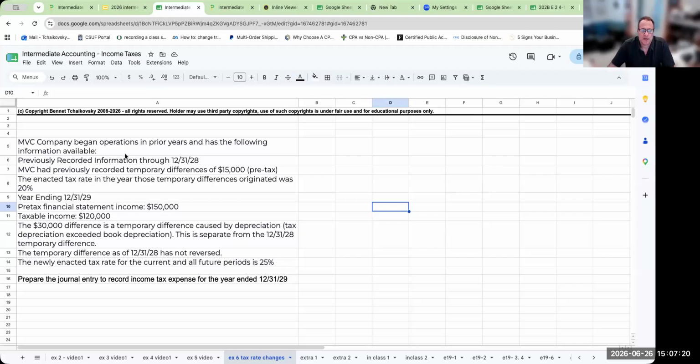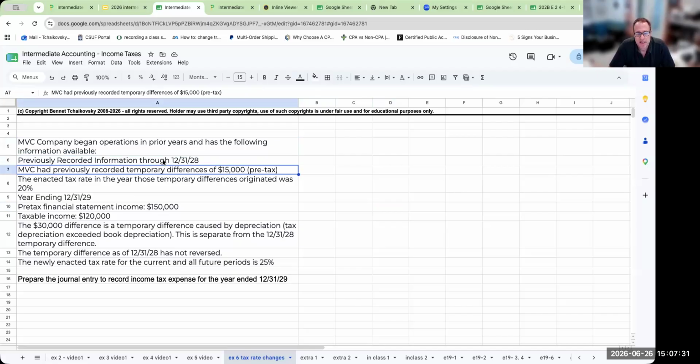MVC Company began operations in prior years, and the following information is available. They had a previously recorded temporary difference of $15,000 pre-tax. The enacted tax rate in that year was 20%.